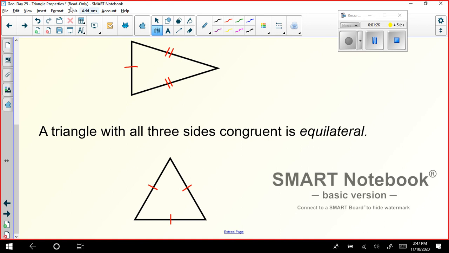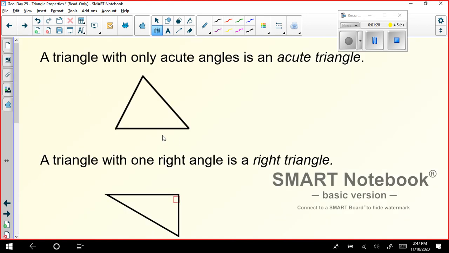Then further we saw what is an acute triangle. Acute triangle is a triangle where all the angles that you see are less than 90 degrees. All these angles A, B, C are less than 90 degrees. A right triangle is a triangle where one of the angles is a right angle. So you see a right angle here.